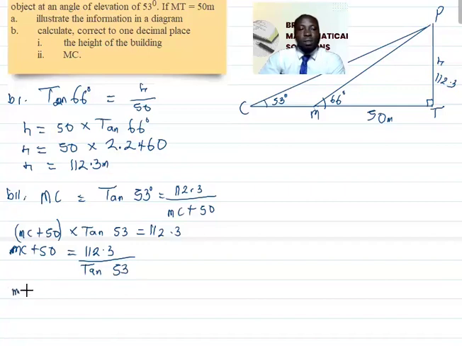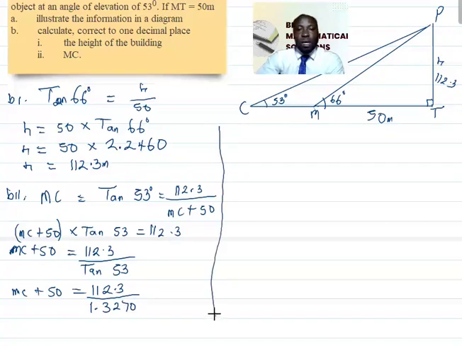So tan 53 gives me 1.3270. Now if you do the division, MC plus 50 equals 84.627.